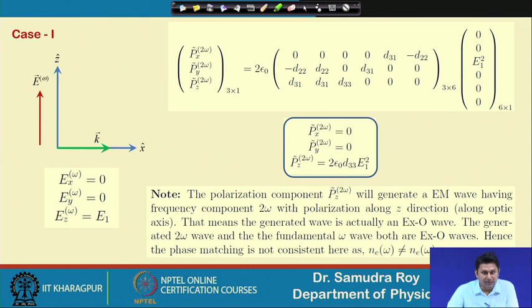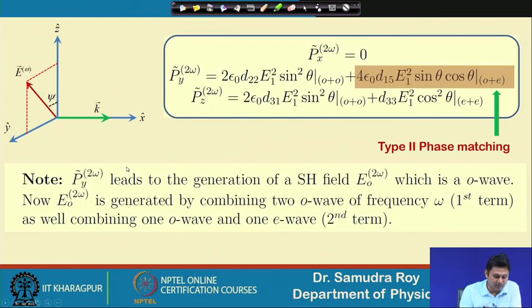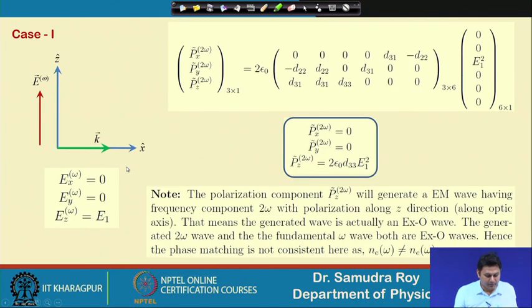Anyway, let me figure out what should be the values of Px, Py, Pz. From the beginning we know that this wave is an extraordinary wave, but we still need to figure out what is going on here to understand the system. So, Ex is 0, Ey is 0 and Ez is 1. These are the x, y, z components of the electric field.